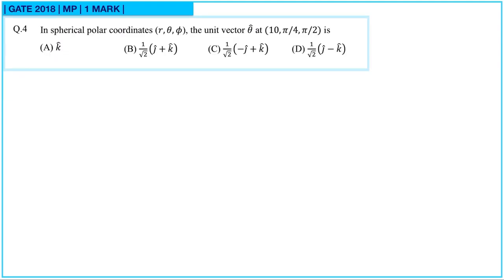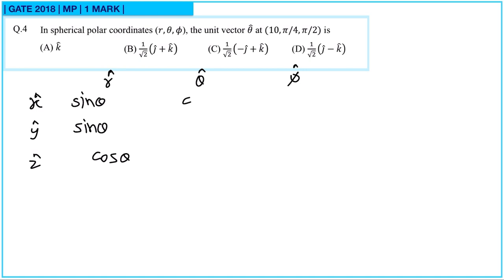Next question. In spherical polar coordinates r, theta, phi, the unit vector theta cap at 10, pi by 4, pi by 2 is. Now r cap, theta cap, phi cap, x cap, y cap and z cap. First write here sin theta and cos theta. Then you have cos theta here, minus sin theta. Then fill in phi.